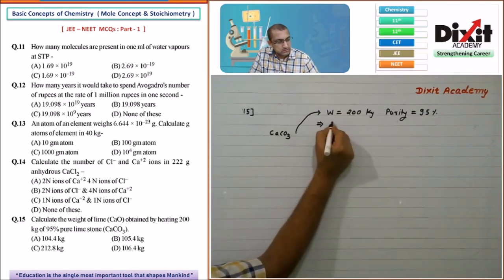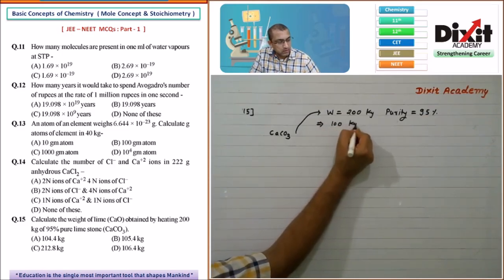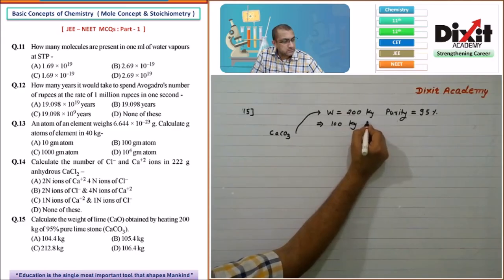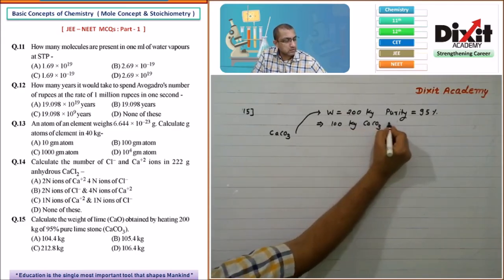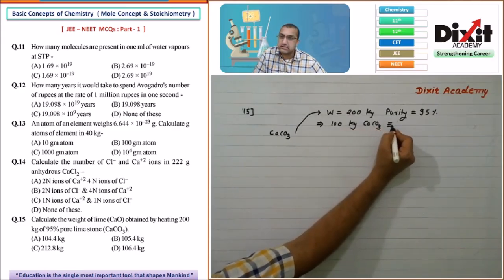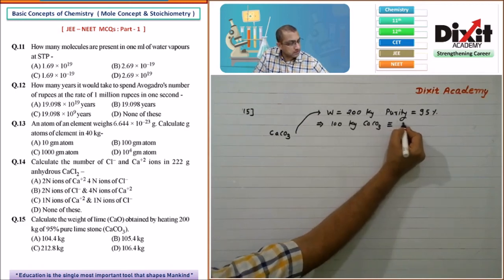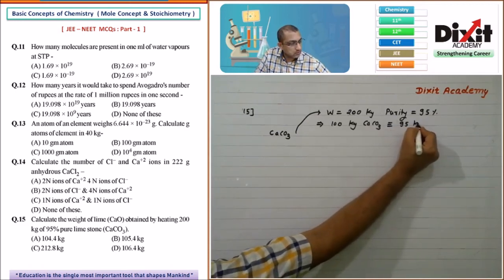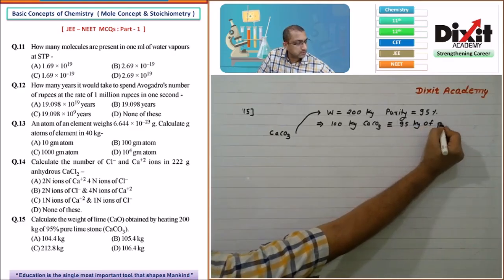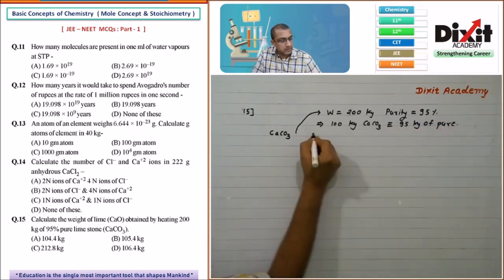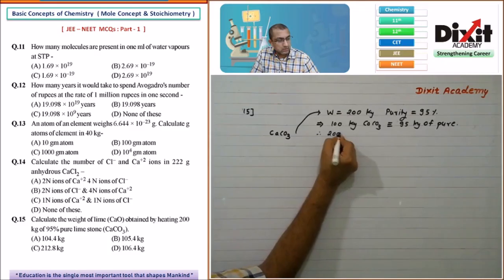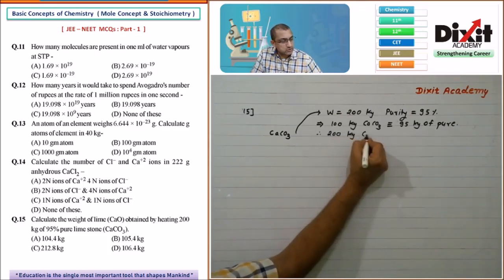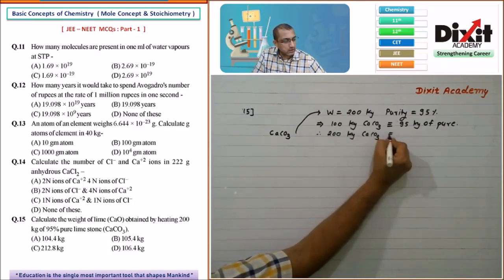This means 100 kg of CaCO3 contains 95 kg of pure sample. Therefore, 200 kg of CaCO3, it will contain how much?